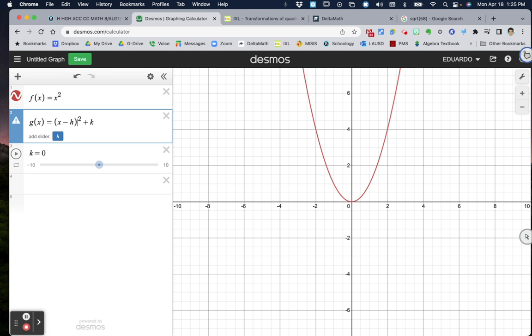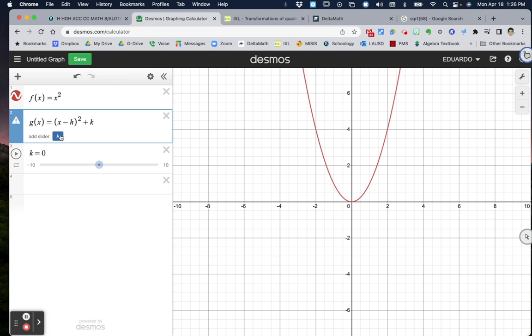And we know k, that constant, that plus k, will push it up or down. What do you think that h is going to do? Yeah, it's going to move it left or right. Okay? Now the question is, do we want to make a slider? Yes.